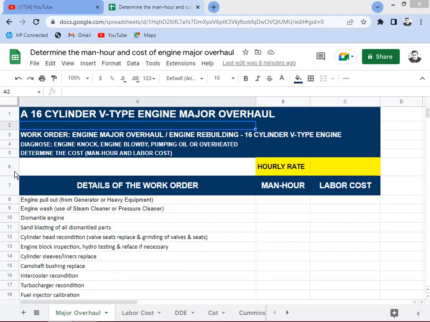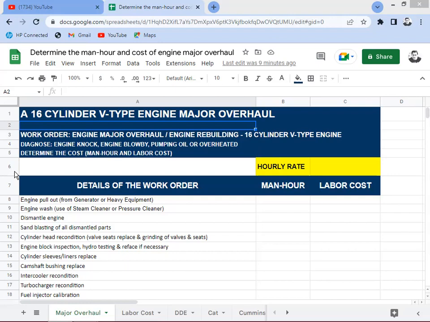So this is the diagnosis that most likely happened to the engine. That's why the engine really needs a major overhaul. Or perhaps the engine already loses power.